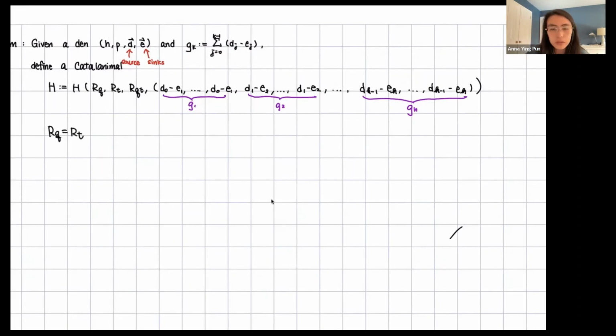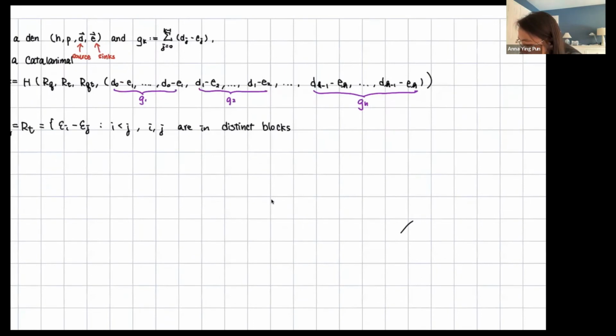You choose the same thing for Q root set and T root set, such that they are epsilon_i minus epsilon_j, where i is less than j, and i, j are in distinct blocks of the partition.